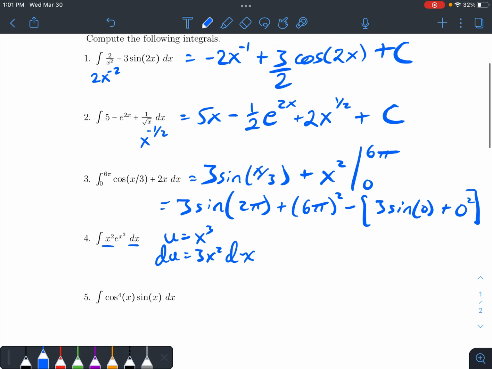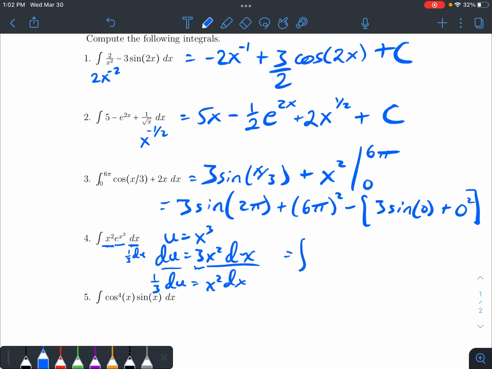We can almost replace x squared dx with du, but there's this annoying 3 right here, and so how do we deal with that 3? Well, we just divide by 3 on both sides. So 1/3 du is equal to x squared dx. And so now we can replace this x squared dx with 1/3 du, and we can replace e to the x cubed with e to the u.